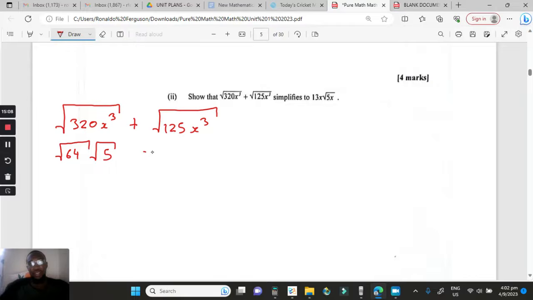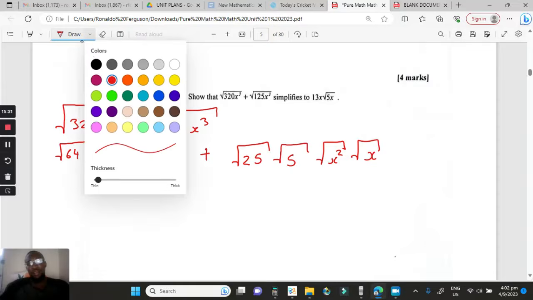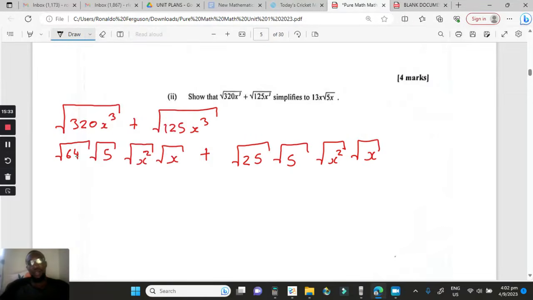X cubed is really the square root of x squared times the square root of x. So break it up. X cubed is x squared times x. Plus this part now, the square root of 125 is the square root of 25 times the square root of 5. And x cubed, we already said, is the square root of x squared times the square root of x. Next thing now, the square root of 64 is 8.